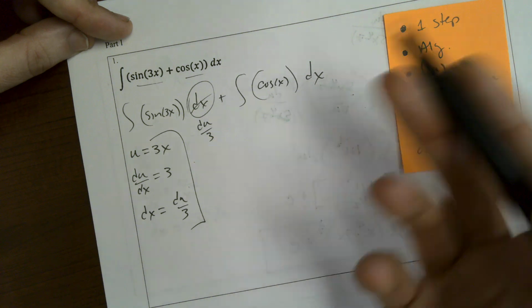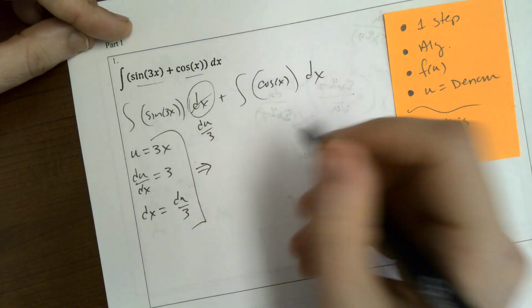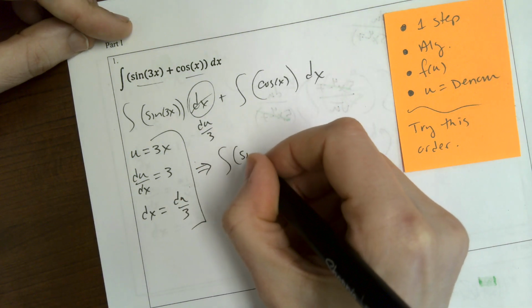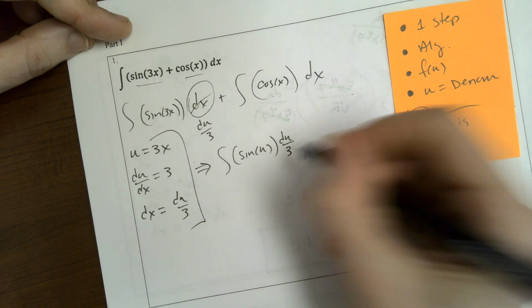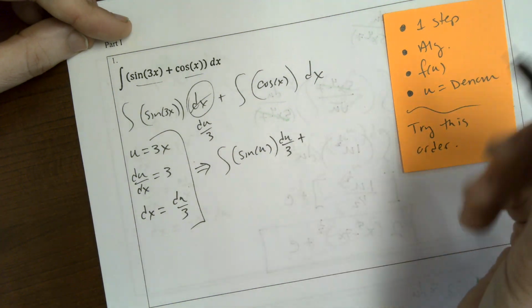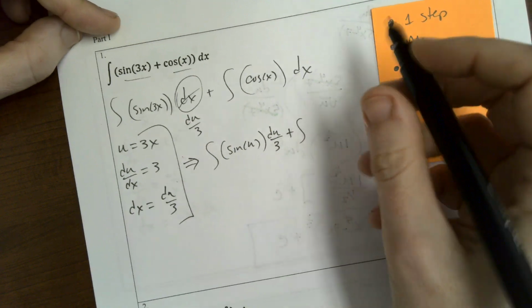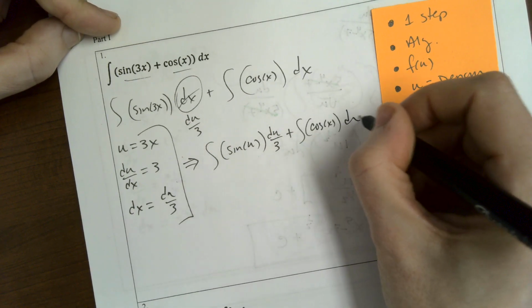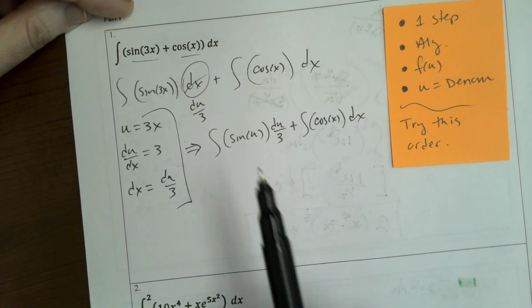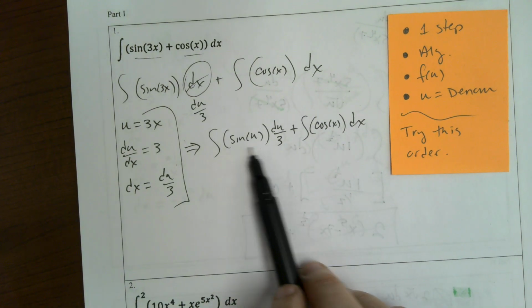Okay. So guys, let me just do this, sorry. All right, so this is sine of u du over 3 plus cosine of x dx. All right. So I have this 3 on the bottom. I don't have any x's over here.